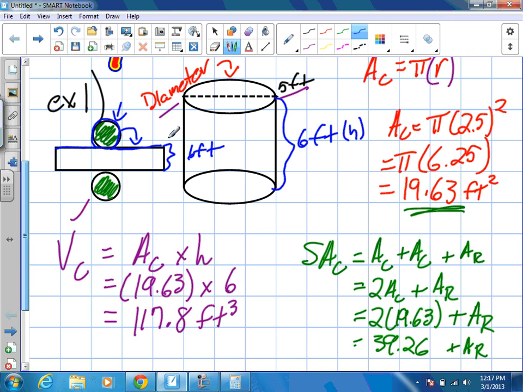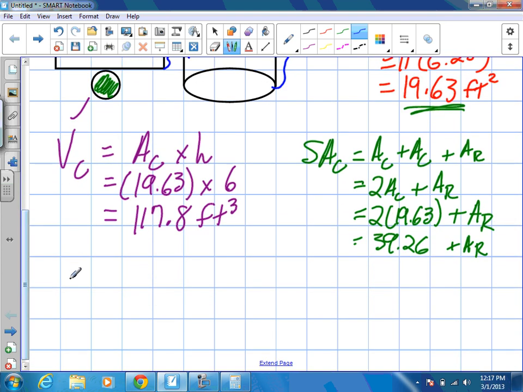Now, does anyone remember what a circumference formula is? What is it? Not pi r squared, that's the area of a circle. Pi d. Very good. What does d stand for? So pi times d. Do we have d in this question? What is it? 5. Great.